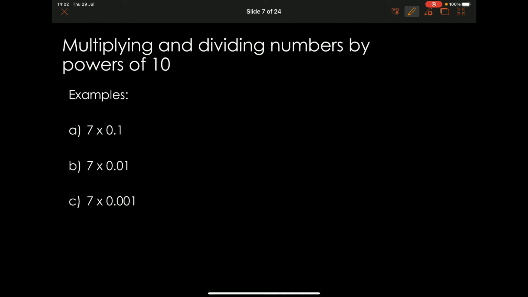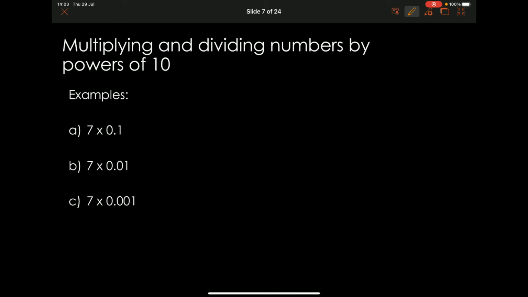Okay, so moving on to just some extra examples. Now, I just want to remind you that when you multiply by a number that's between 0 and 1, so these are all very small numbers, the answer is smaller than the starting number.